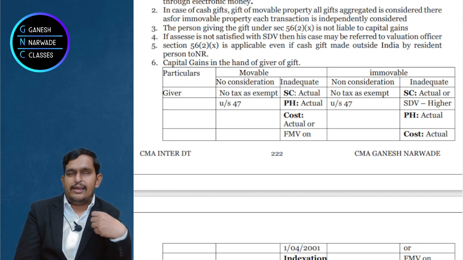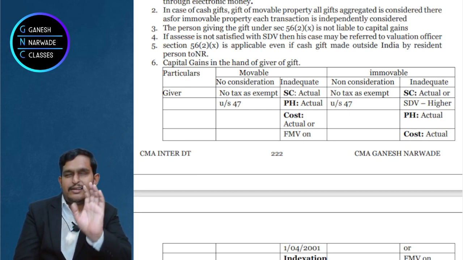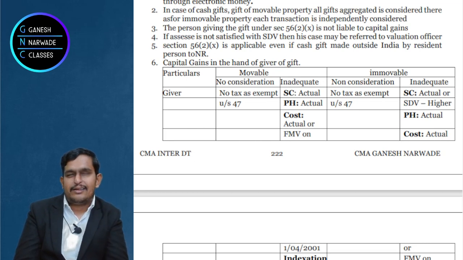Suppose I am giving immovable property as gift, or maybe for inadequate consideration, and that consideration is not right. Stamp duty value is very high, and the income tax department is ready to tax me. I said, sorry boss, stamp duty value is too much.